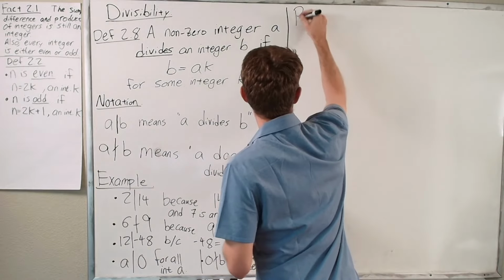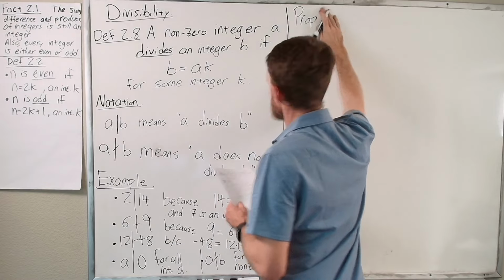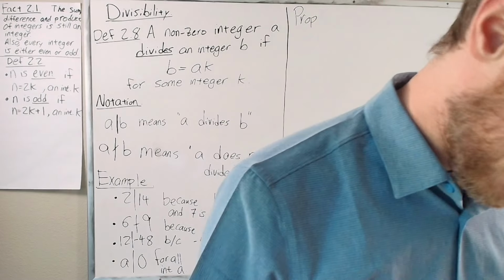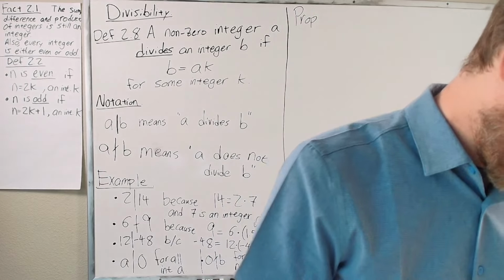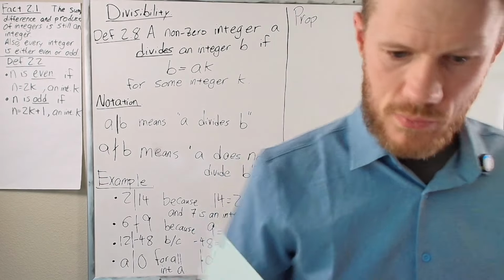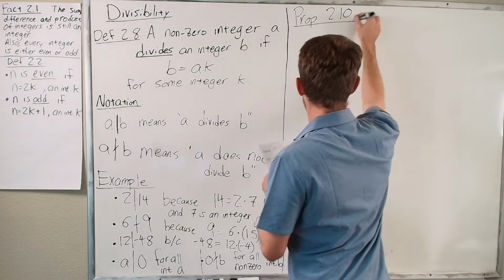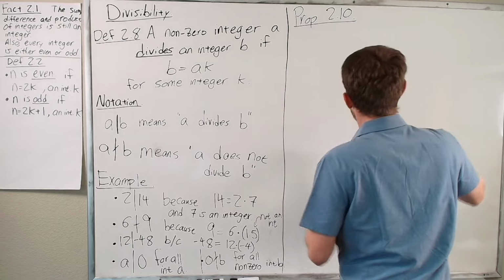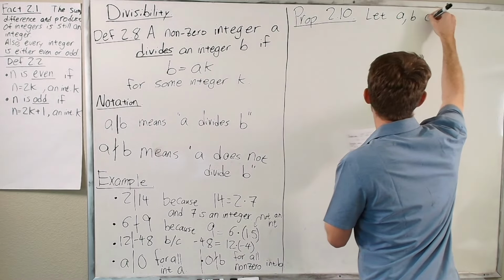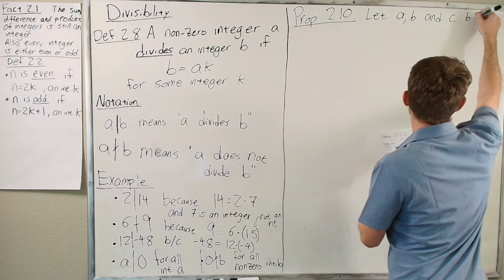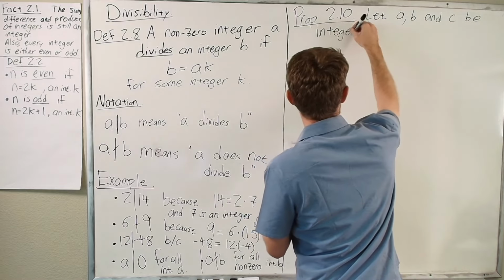So here's the proposition. Let me look up what this is. This is Proposition 2.10 in the proofs book. So let A, B, and C be integers. So that's the setup.